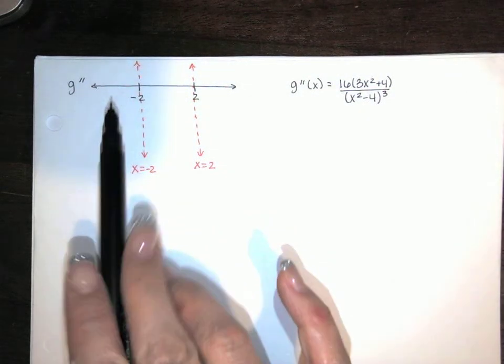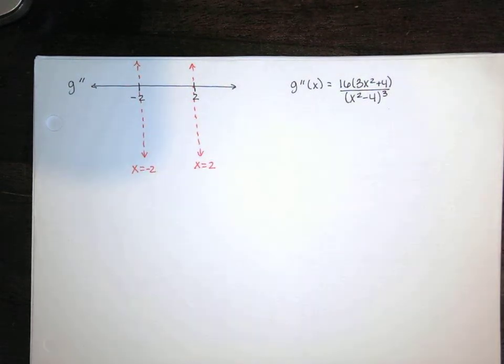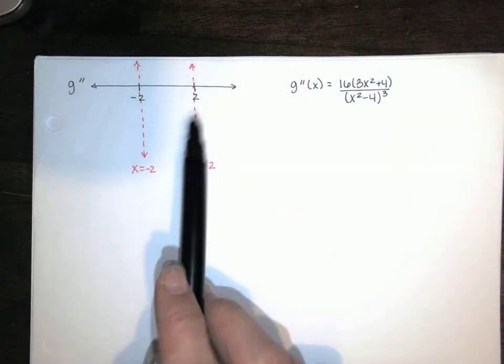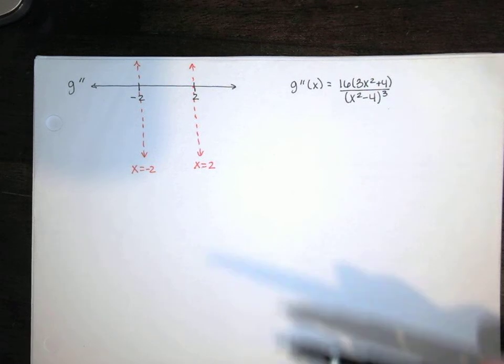We still can examine concavity on these three intervals, the intervals defined by those two vertical asymptotes. Our graph is a rational function, so it's going to have branches. It'll have a branch over here and a branch in the middle, and it'll have a branch on the right. We just want to know on those branches, is the graph concave upward or concave downward for each branch.